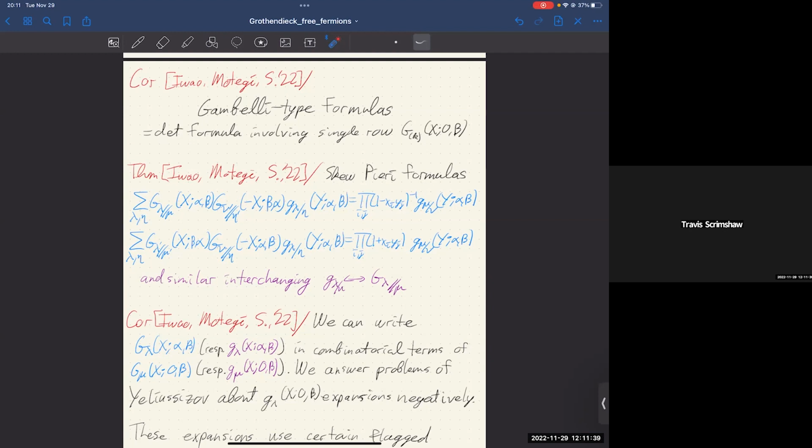And I can also get dual formulas by interchanging the little g's, g lambda mod mu, with the big G's, but I have to use the double slash.